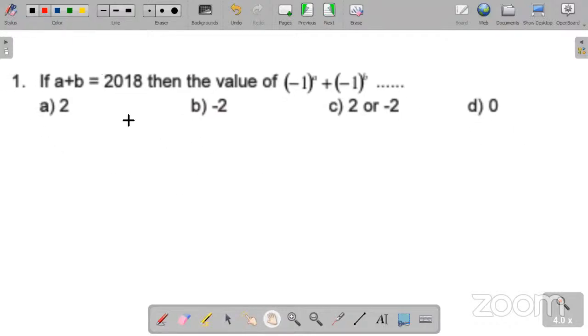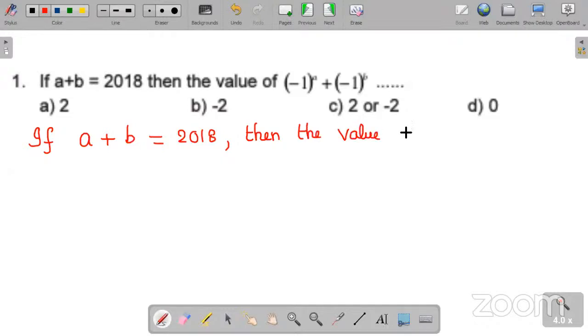If A plus B equals 2018, then the value of (minus 1) to the power of A plus (minus 1) to the power of B. This is the question. Think about this question. What might be your answer?